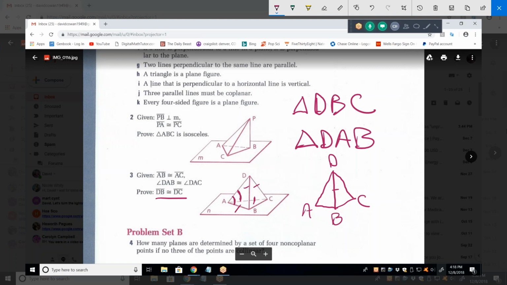It's the other side of this triangular pyramid. In other words, there's another triangle involved, DAC, which is this triangle here.